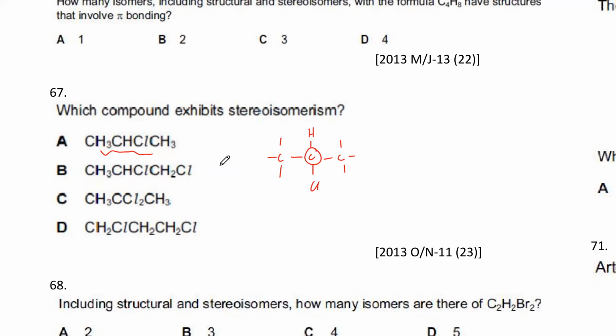What about the next one? CH3, then C with an H and a Cl, then you have CH2 and Cl. Will this form optical isomers or not?